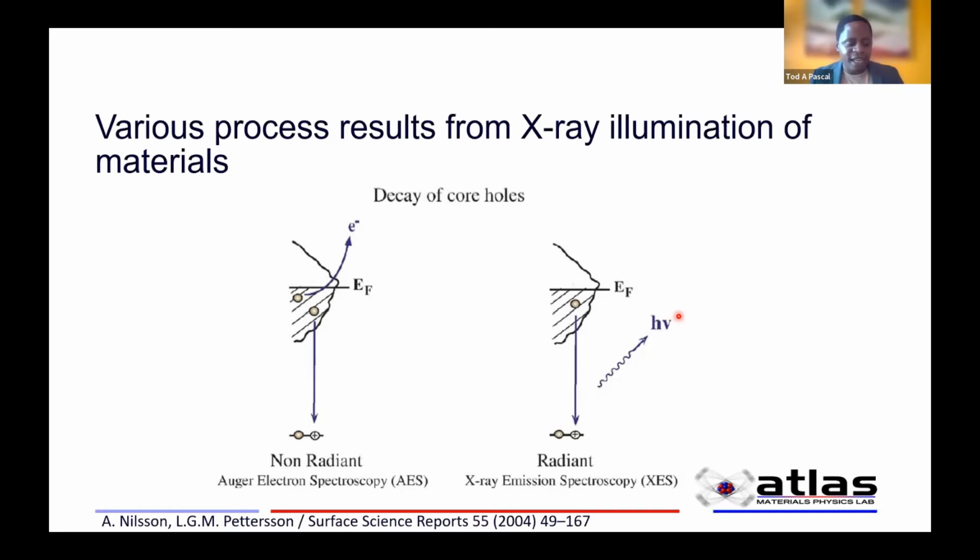What is particularly exciting is that these spectroscopies are inherently sensitive to the element itself, to how deep that core electron is lying, but because we start probing either the valence or the conduction band states, they're also very sensitive to the local environment, so we can get information not only about the element and the elemental specificity, but also about the local environment that this atom is sitting in.